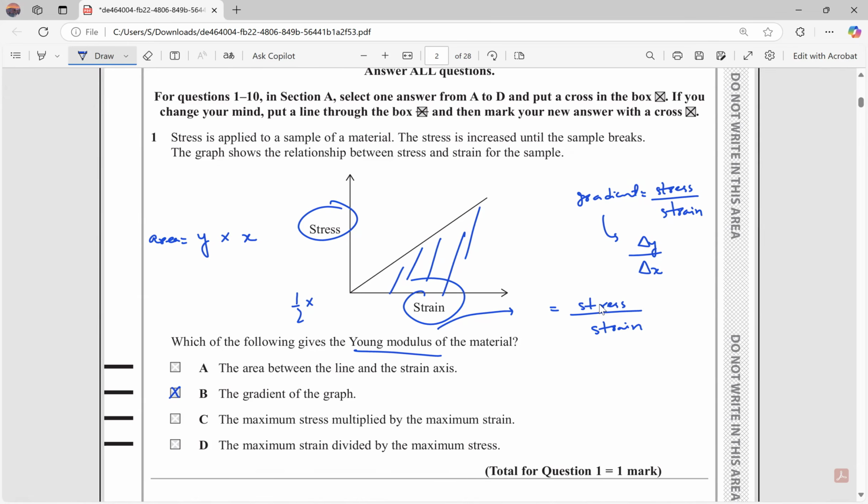Of course, there are other numbers depending on the shape of the graph, like 1/2 in case it's a triangle, or if it's a square, there wouldn't be a factor like that. But generally speaking, the area is the thing on y multiplied by the thing on x. So here it's just straightforward, it's a gradient of the graph.